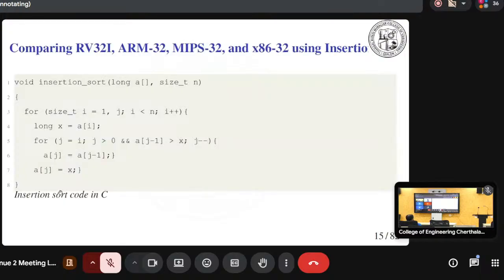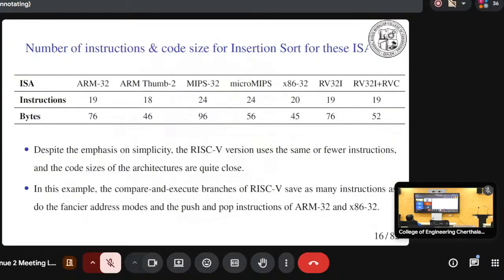And if I take various programs, ARM32 for doing this insertion sort program will take 90 instructions and it will lead to 76 bytes. Thumb has 18 bytes and 18 instructions and 46 bytes.